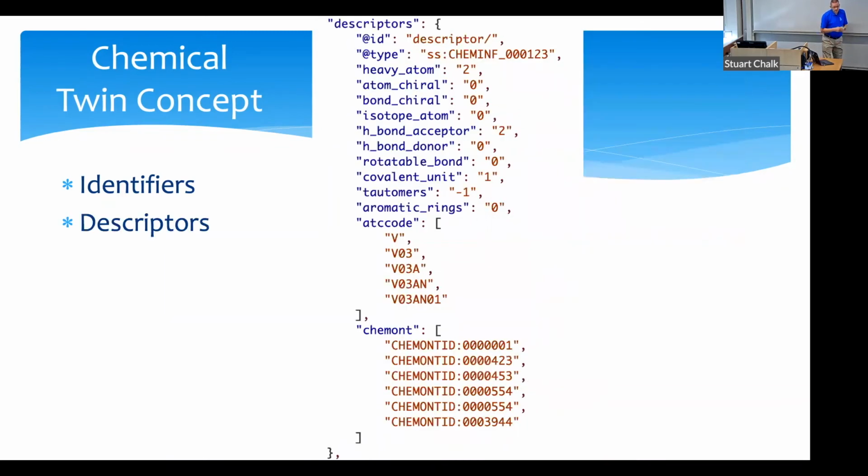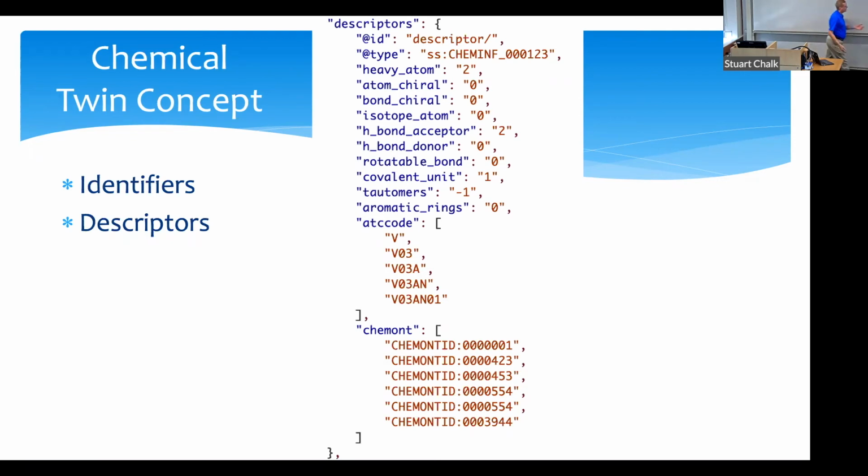Descriptors can be a number of different things. We pull these from PubChem, from Wikidata, from ClassyFire. ClassyFire is a website, I forget which institution it's in, in Canada, but this is basically a chemical ontology that has been used to characterize different types of chemical substances, about 82 million chemical compounds.